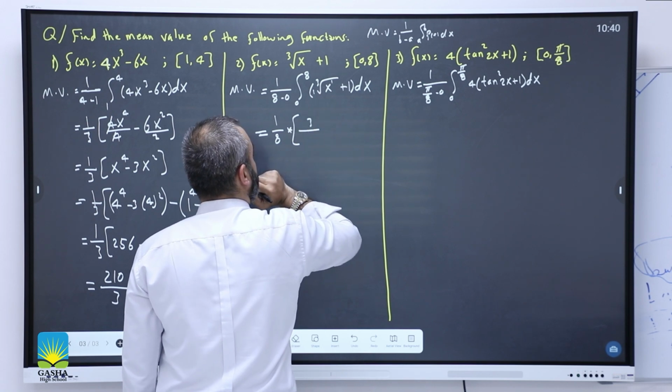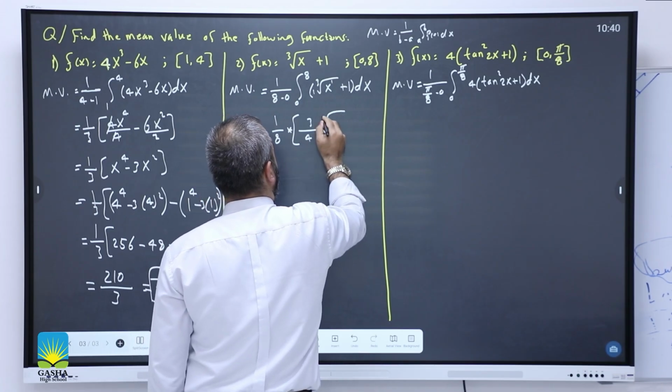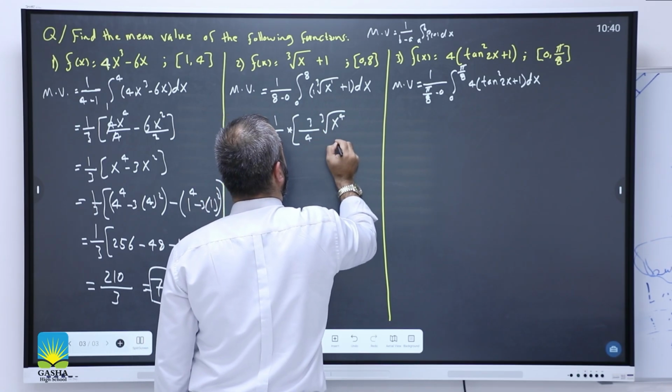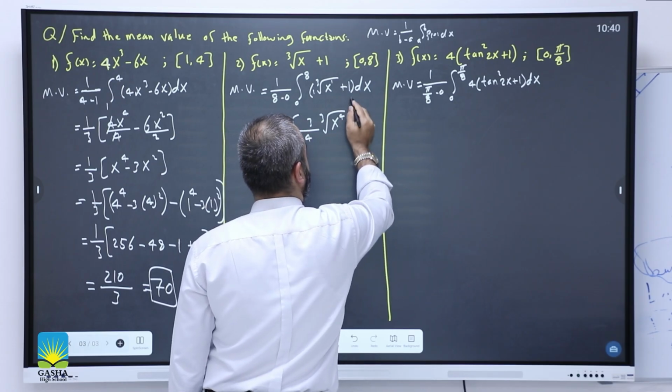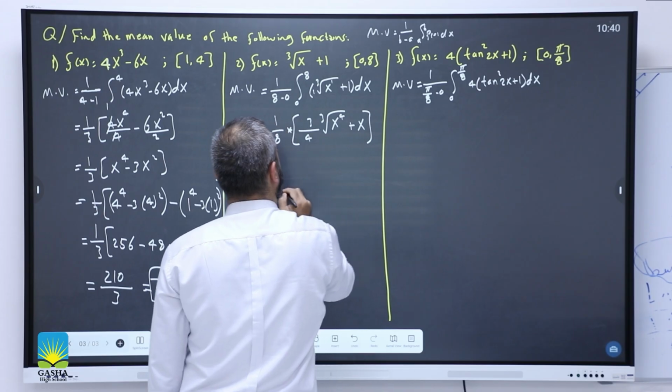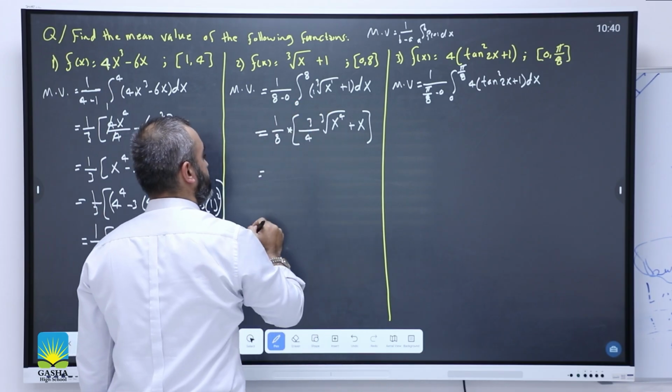And also, 3 plus 1, it's 4, and cubic root of x to power 4 plus integral from 1, it's x. So we substitute 8 here and 0 here.